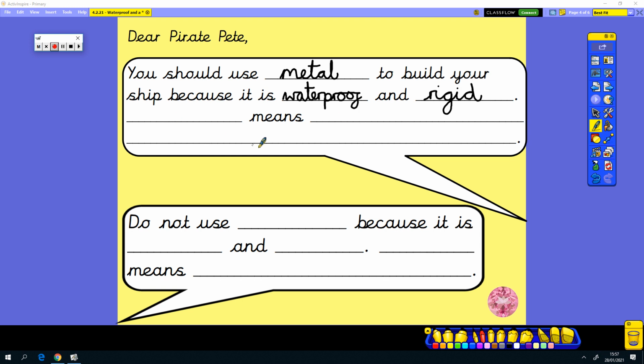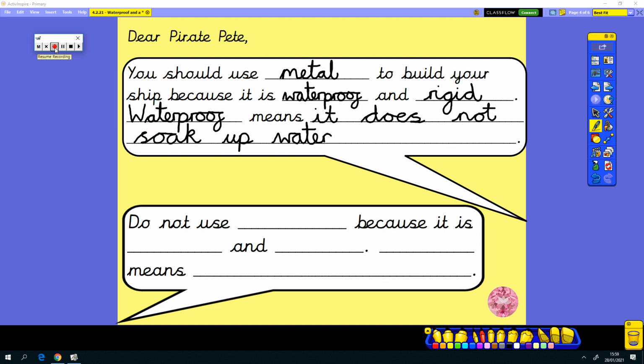This next part, we want you to explain what waterproof means. So to help, I filled in this next sentence. Waterproof means it does not soak up water. I do have a full stop, it's there at the end of that sentence.